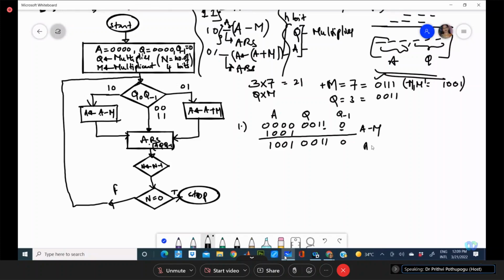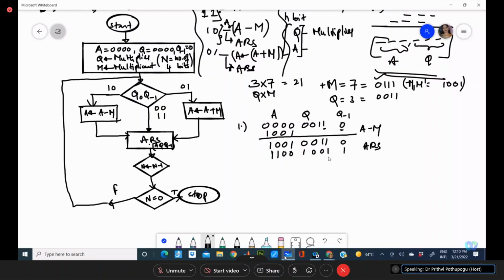Then arithmetic right shift has to be performed. Arithmetic right shift means this one comes here, this one comes here, 0 here, 0 here, and this one comes here. This is the arithmetic shift. Okay, now the first step is completed.